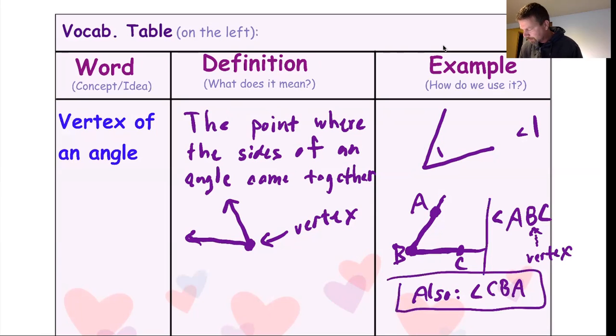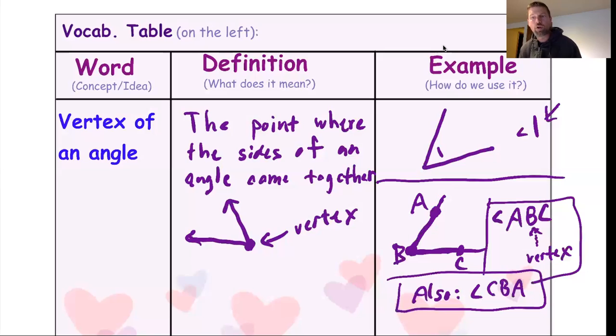So the way I name angles is either with a little number, if there's a number in the angle, or with its letters. Just make sure that vertex is the middle letter. I could not name this ACB. Hold on, my iPad is being funny.